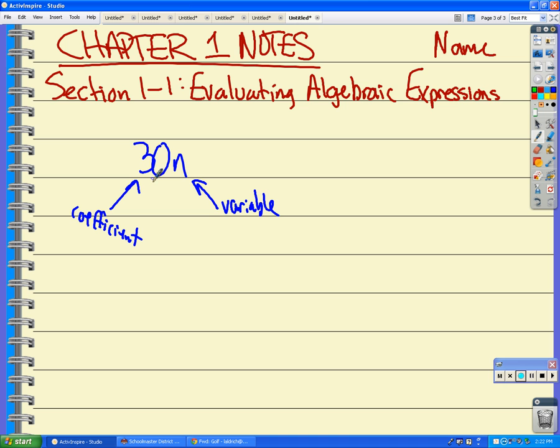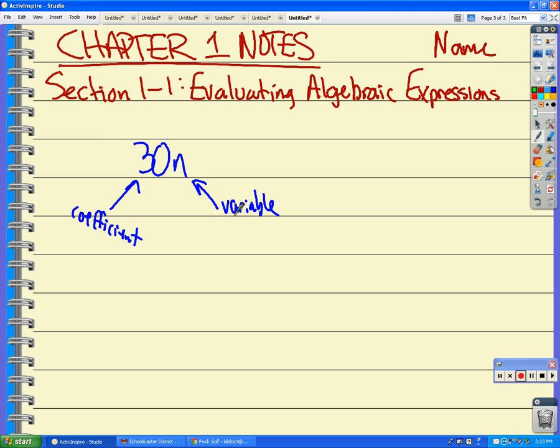Since this letter is called a variable, what's the opposite of variable? Variable means change, right? What's the weather going to be like today? It's going to be variable. That means it's going to be sunny, cloudy, rainy, windy, who knows? It's going to change a lot. So what's the opposite of something changing? Staying the same, okay?